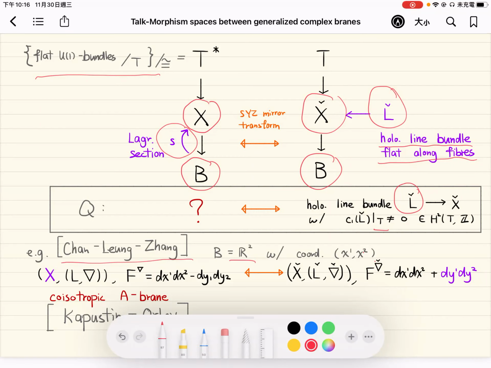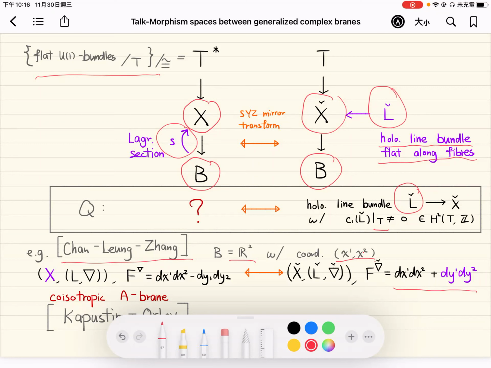Then you pick the standard coordinates x1 and x2. You can write down an L-check in the following way for the B-model side. The curvature is given by dx1 wedge dx2 plus dy1 wedge dy2. I highlight the second term, dy1 wedge dy2, in purple because y1 and y2 are fiber coordinates. So you see that this is a holomorphic line bundle, but it is not flat along the fibers.